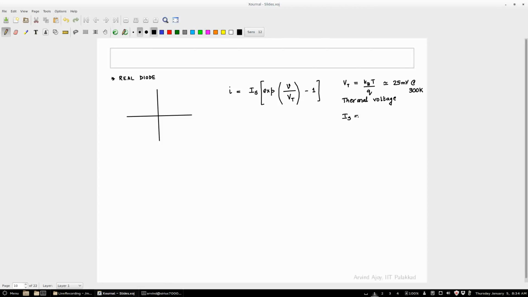This is called the thermal voltage. What is IS? Yes, more precisely it's called the reverse saturation current, and you will see why that is the situation now.